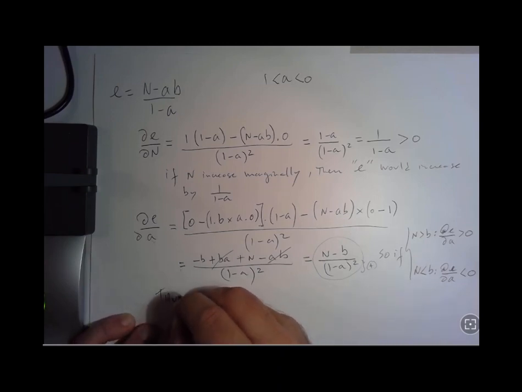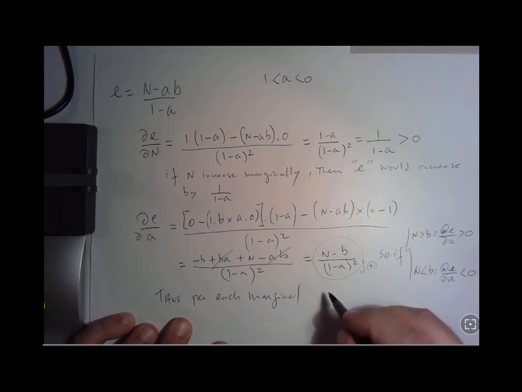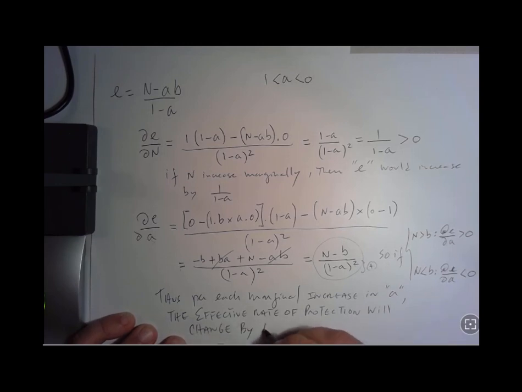Thus, per each marginal increase in A, the effective rate of protection will change by n minus B divided by 1 minus A squared.